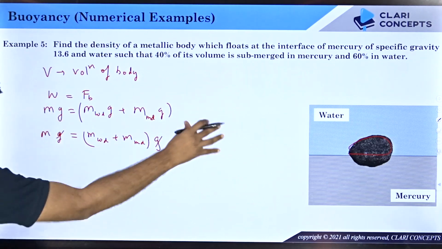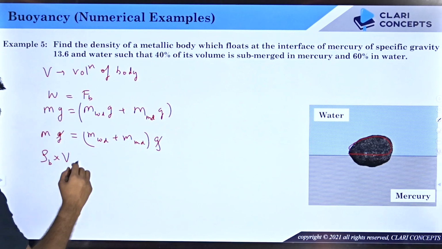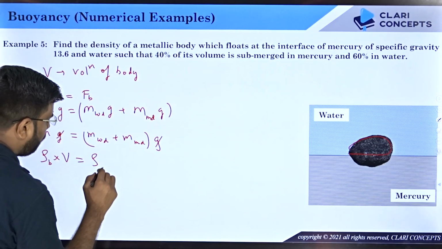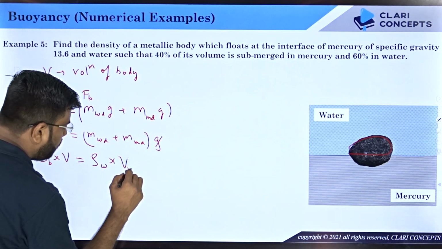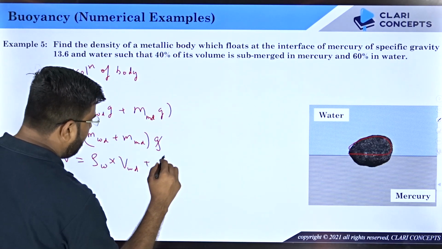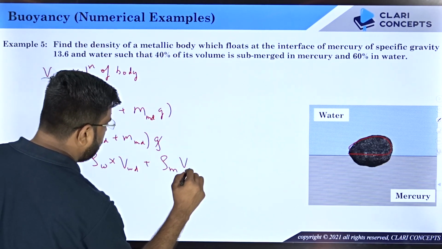Now what is the mass of the body itself? Can I say density of the body into volume V? Yes, is equal to, what is the mass of water displaced? Can I say it is density of water into volume of water displaced? Plus what is the mass of mercury displaced? Can I say this is density of mercury into volume of mercury displaced?